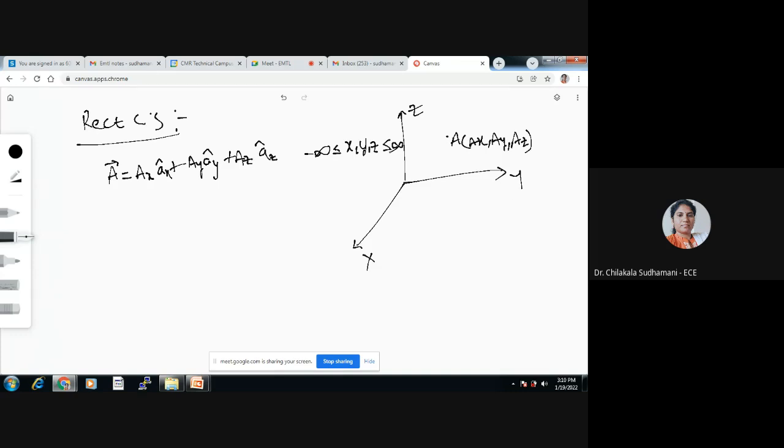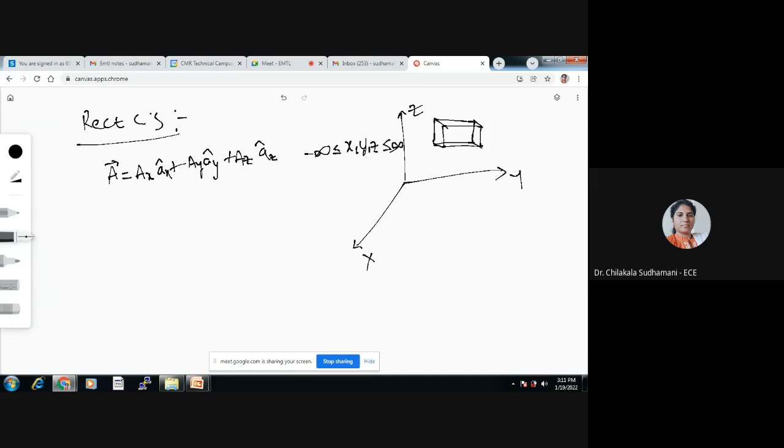Now we come to length calculation in the rectangular coordinate system. A Cartesian coordinate system, for example a cube or a cuboid. I am going to consider a simple cube in the xyz direction.